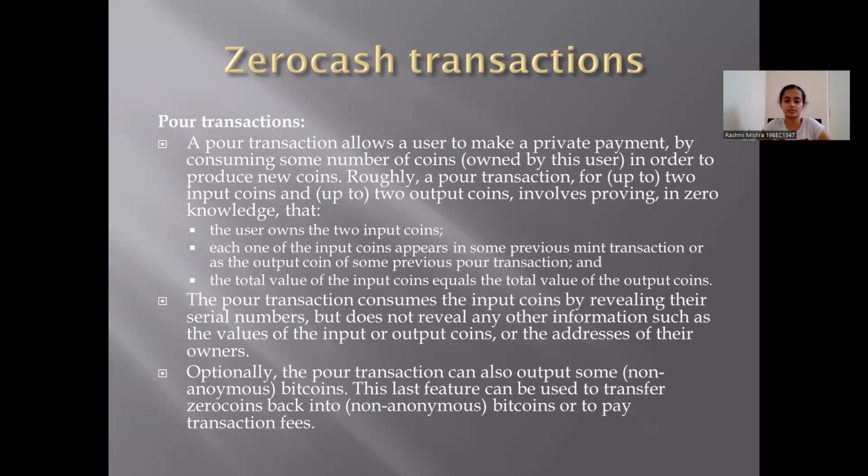The pour transaction consumes the input coins by revealing their serial numbers but does not reveal any other information, such as the values of the input or output coins or the addresses of their owners. Optionally, the pour transaction can also input some non-anonymous bitcoins and output some non-anonymous bitcoins. This last feature can be used to transfer zero coins back into non-anonymous bitcoins or to pay a transaction fee.